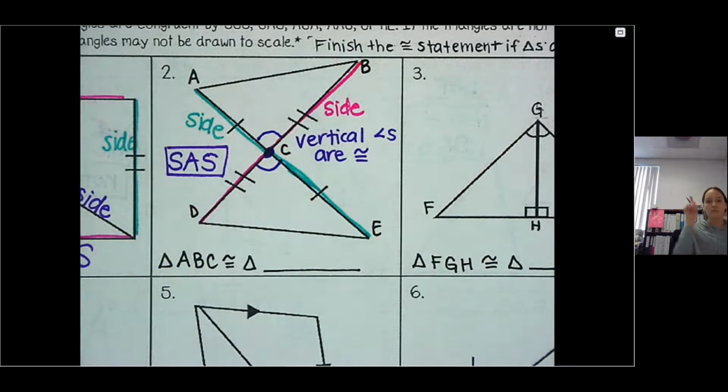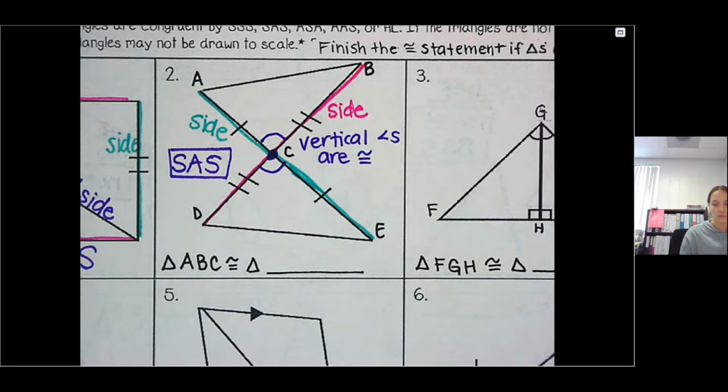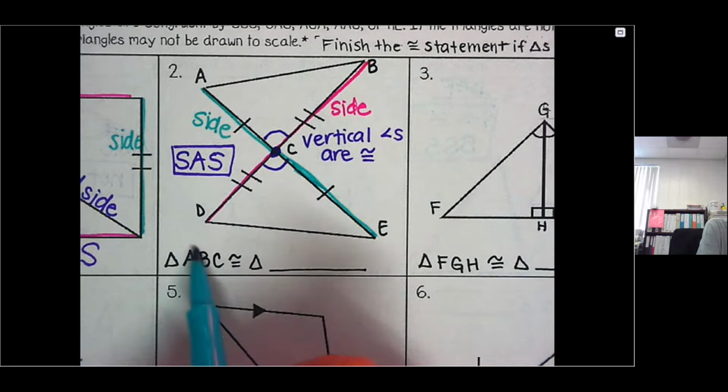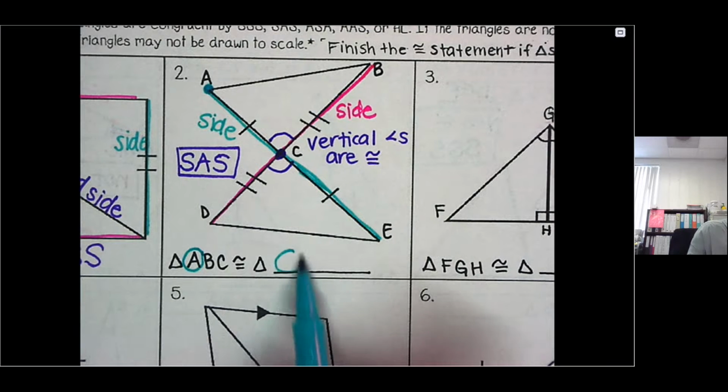Okay. Now, this is the part where you got to write the sentence. Be careful with the sentence. Triangle ABC is congruent to what? Okay, so I heard DE, I heard ED. So go like this, right? Point A has to match up with whatever the first point is over here.